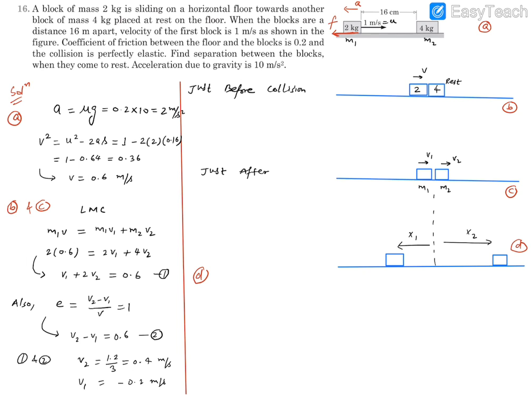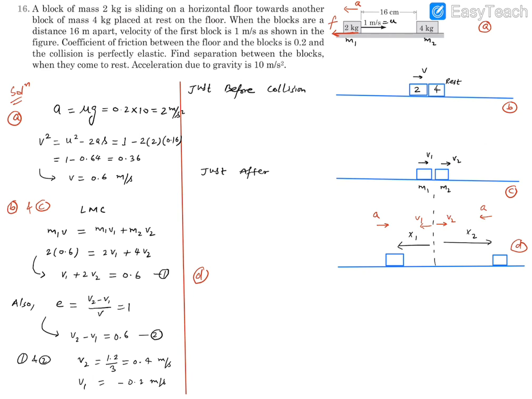Now what was the initial velocity here? That was v1. What was the initial velocity here? That was v2. Magnitude is going to be 0.2. Now how much retardation are you going to experience? There is going to be retardation of a, which is the same here, also retardation of a, which is mu g. So all blocks are going to experience the same retardation mu g.